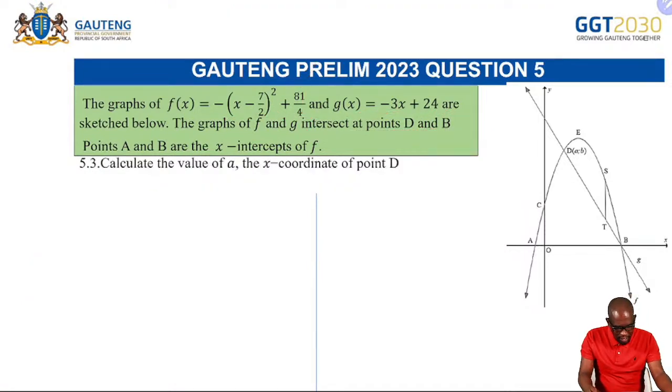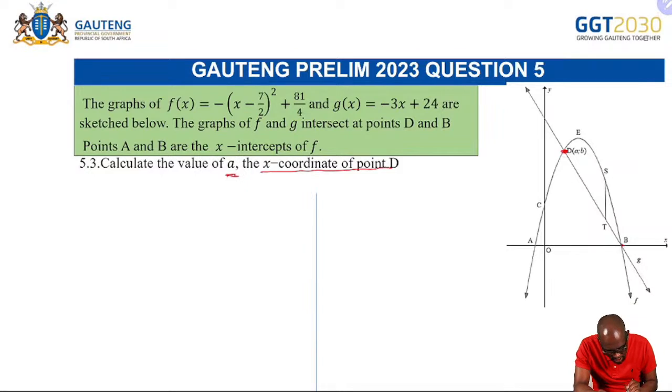Moving on, calculate the value of A, the x coordinate of point D. Now, in order for you to calculate that value of A, you can see that point D represents the point of intersection as well as point B, which means that you now need to equate the two functions because it's a point of intersection.